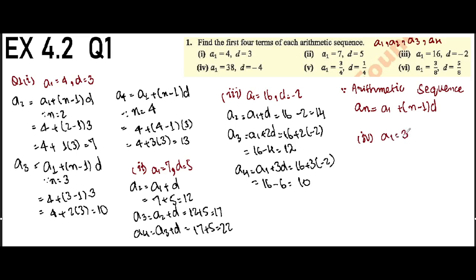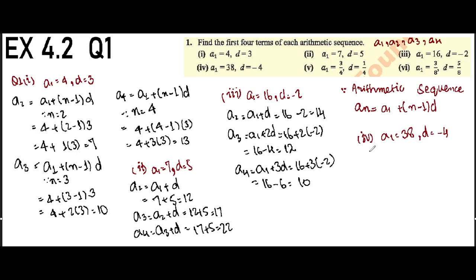Now let's move towards part number 4. A1 equals 38 and D equals minus 4. We are again going to use this method, then for this part, we are going to use this method, and for this part, we are going to use this method, so that we repeat all the methods we have used.